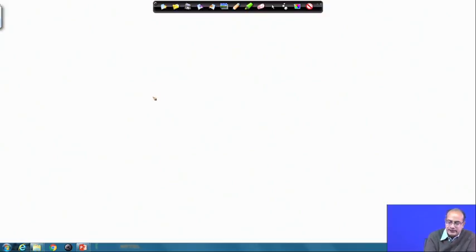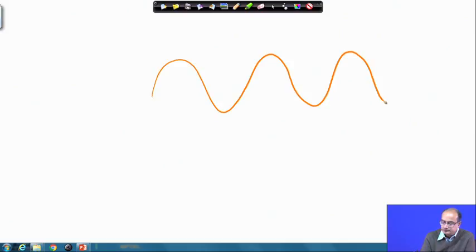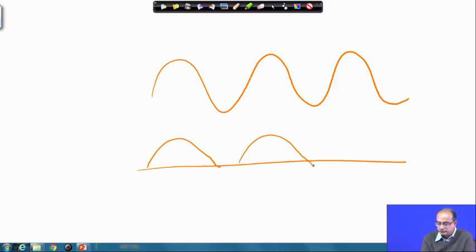Let us take a sinusoid, a sinusoidal signal. Now, if we have half wave rectification, what will we have? The output would be like this, and after the filtering we will get this kind of signal.